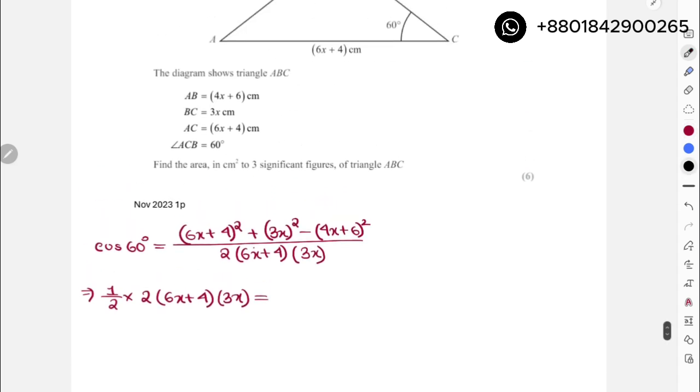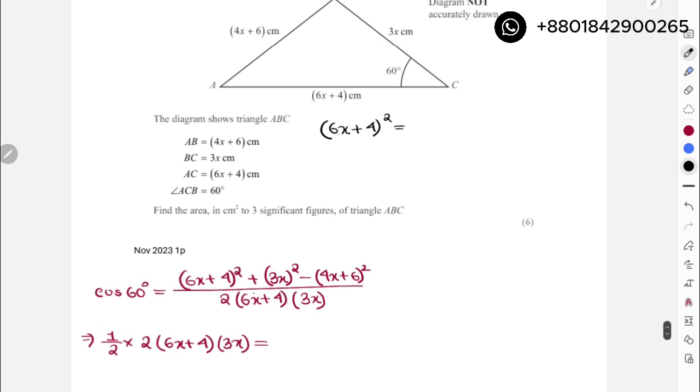So the first square you have is (6x plus 4) whole square. From there we get 6x square is going to be 36x square, plus 2 times 4 times 6, this is 48x, plus 16.